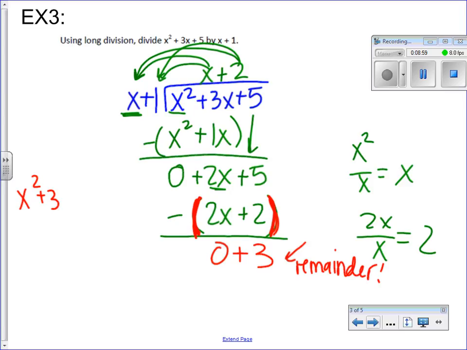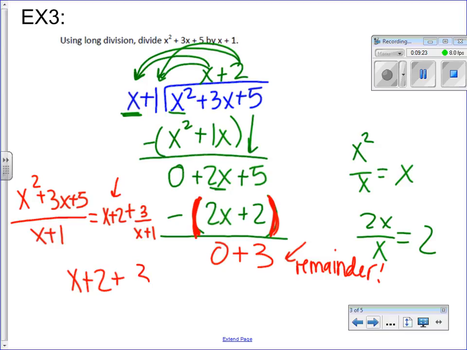X squared plus 3x plus 5 divided by x plus 1 equals x plus 2 plus the remainder, which is 3, over x plus 1. Only the remainder goes over x plus 1, not the other part. So the x plus 2 here, that's not over x plus 1. So technically this is what we get when we divide x squared plus 3x plus 5 by x plus 1.